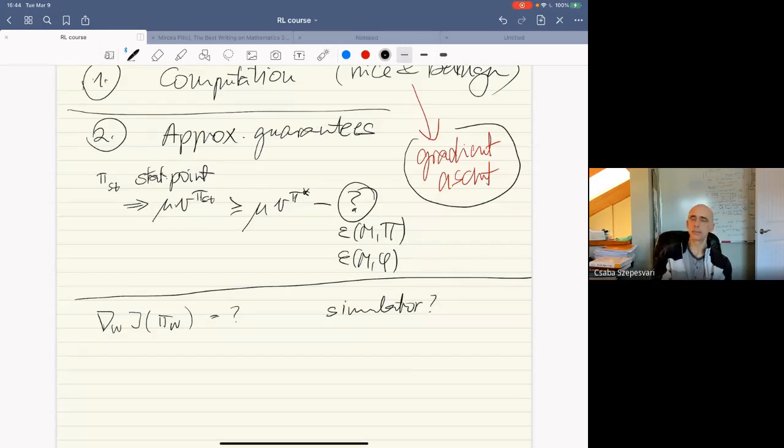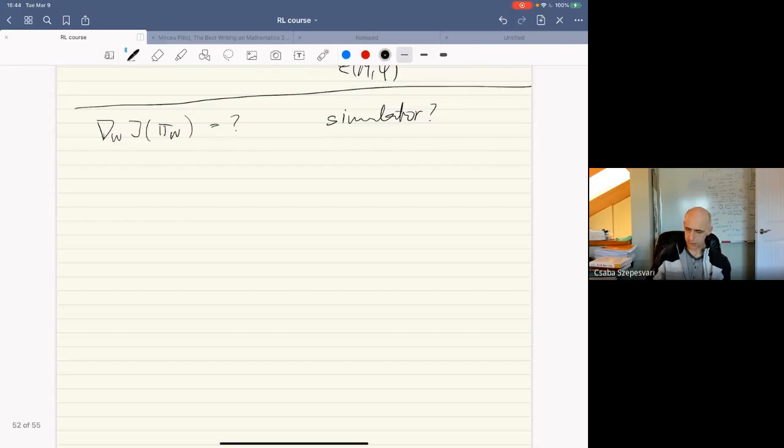And then, of course, people study this in the online case, the batch case, and so on. But the easiest of all of these cases is always if you have access to simulators. So we should talk first about that. So that's question number 1.